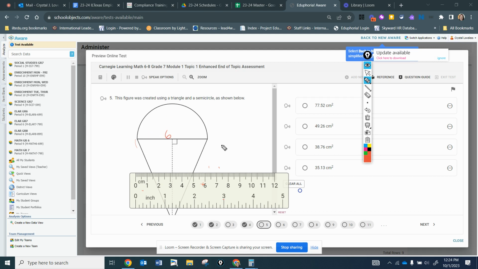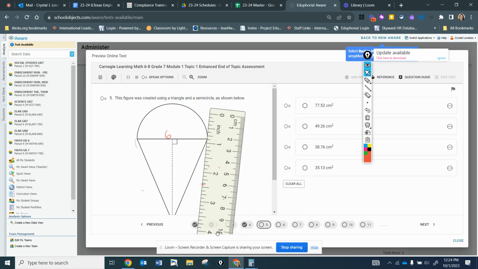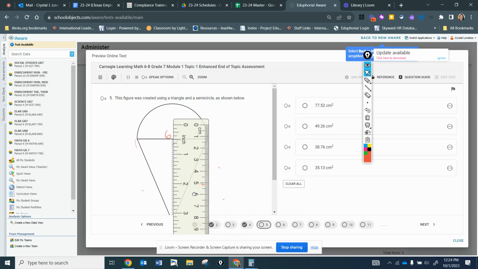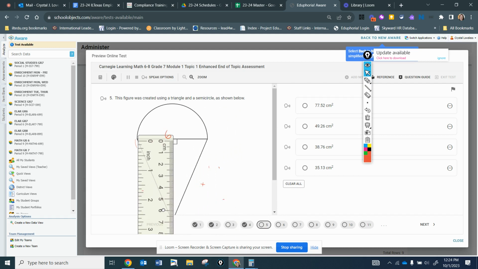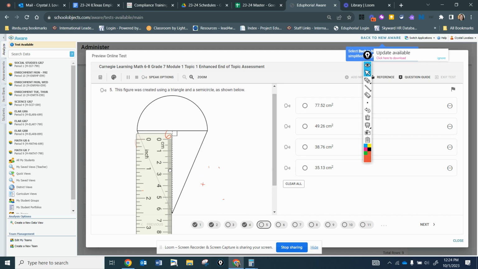Okay, so let's figure out the height of our triangle. I'm going to move it where I can see what the height is. I need to move it up a little bit, don't I? The height of my triangle is 7.